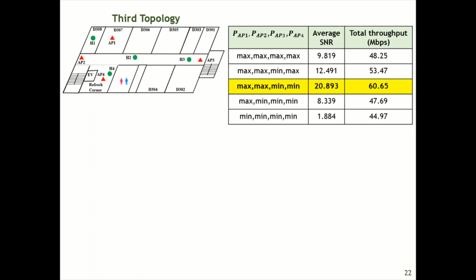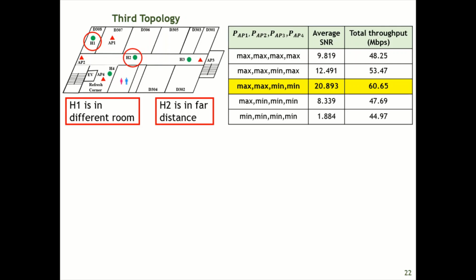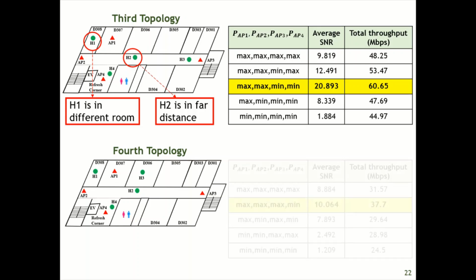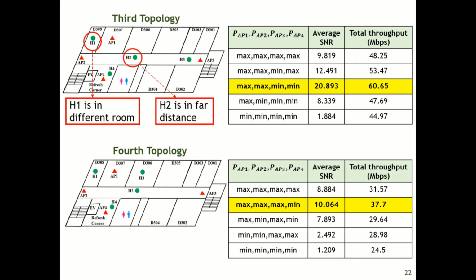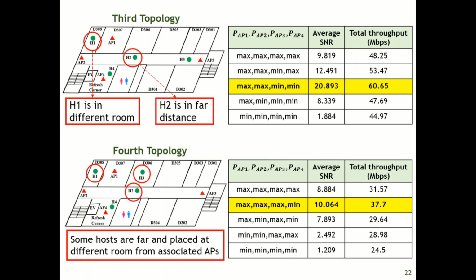And the third topology, the best power is maximum for AP1 and AP2 because host 1 is in a different room and host 2 is far from AP2. For the fourth topology, again, the method can select the best power for all APs. In this case, the maximum power should be assigned to AP1, AP2, and AP3 and minimum to AP4.